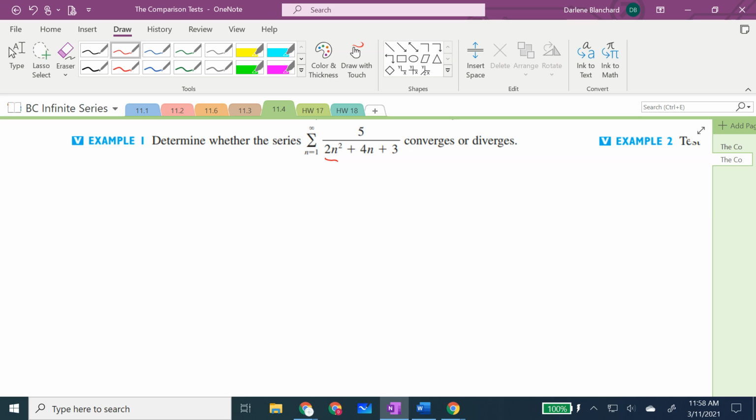And if I'm heading to infinity, adding 4n to 2n squared becomes obsolete. Adding 3 is laughable. As far as heading to infinity, those terms are going to melt away. They're going to keep me from being able to be a P series. But the further I get to infinity, the more this becomes like what I want to compare it to.